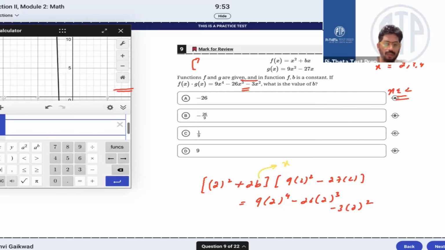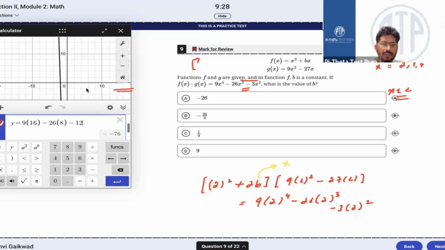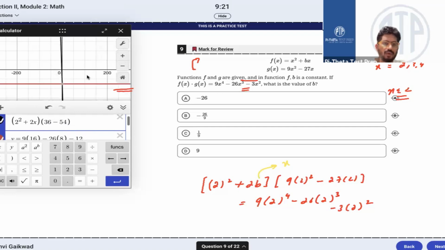Then you can put y equal to 9 into 2 raised to 4, which is 16, so 9 into 16 minus 26 into 8, minus 3 into 2 square, that is nothing but 12. Hope you are able to understand this. Now we are getting 76 for this. Probably you would have got this answer here.